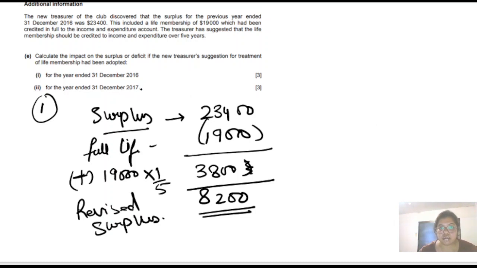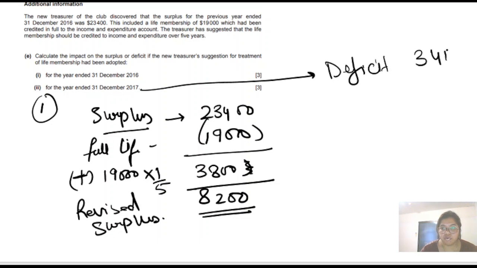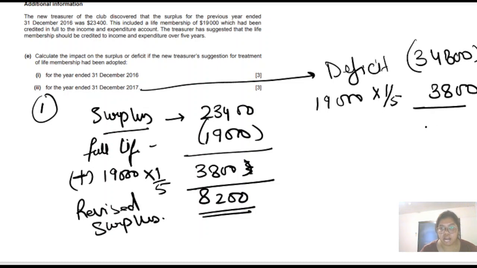But in the second year ended, we have a deficit of 34,800, and again 19,000 we divide over the 5 years, that is 3,800. Then we come to know that 320 is our revised surplus.